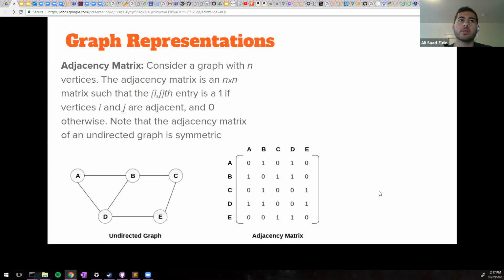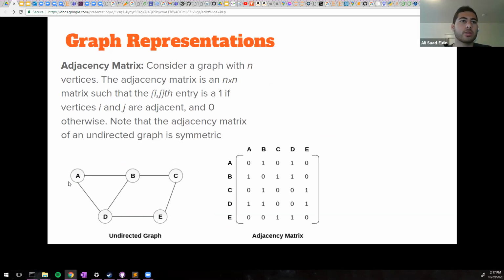If we have a vertex set of size n, the adjacency matrix will be an n by n matrix, where the ijth entry is a 1 if there's an edge between vertices i and j, and a 0 otherwise. So in this small example, you can see that vertices A and B have an edge between them, so there is a 1 entry in the AB row column of the adjacency matrix.